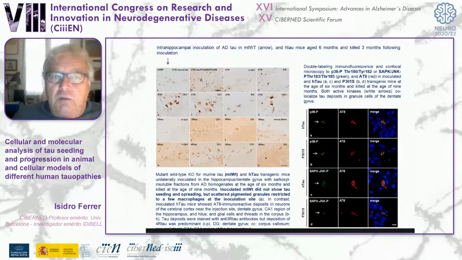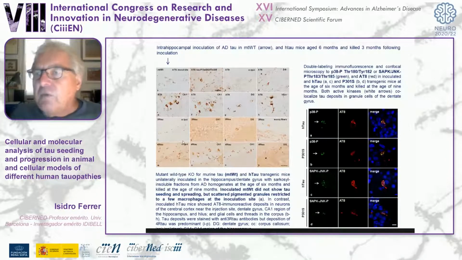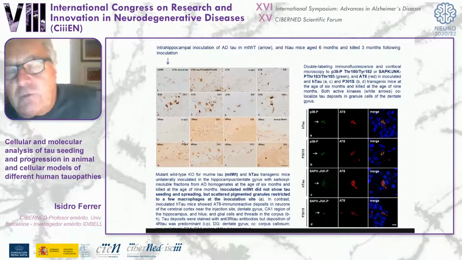And in contrast, there is a large amount of different species of tau in animals expressing human 4R and 3R tau. And here is interesting because what we have seen is that 3R is present, but 4R tau predominates in these animals. The deposits are 4R, mainly 4R tau.